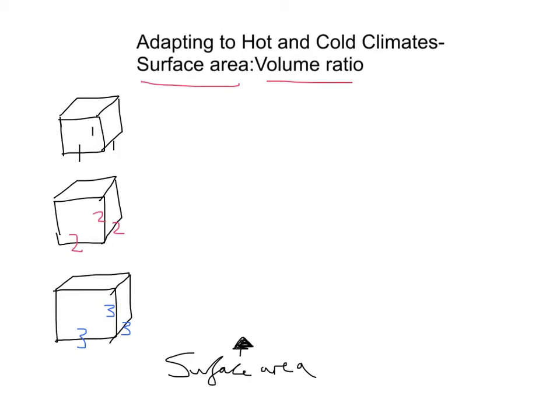If you work out the surface area of the 1 by 1 by 1, that would come out as 6. The 2 by 2 by 2 would be 2 times 2, which is 4, times 6, that would be 24. And equally 3 by 3 and then times 6 would come out as 54. 3 by 3 is 9, times 6 is 54.